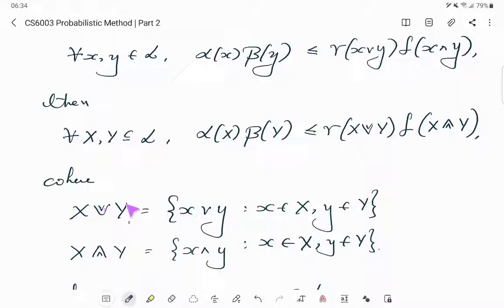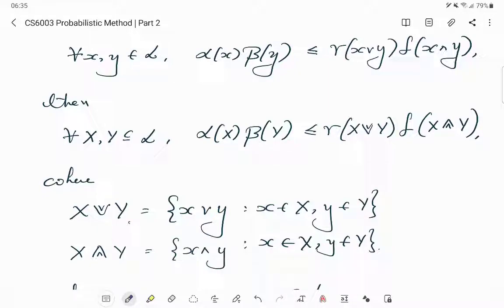This collection is the pairwise join. Similarly, the pairwise meet is x meet y for every x in X and every y in Y. The pairwise join and pairwise meet respectively take the role of pairwise union and pairwise intersection in the original version of the four functions theorem.